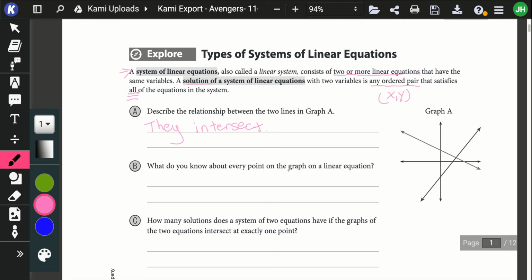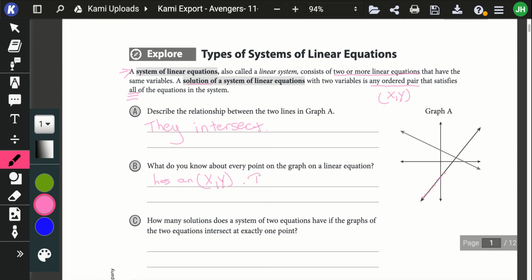What do you know about every point on the graph of a linear equation? If we were to take a linear equation and look at every point, it has an x and a y, right?